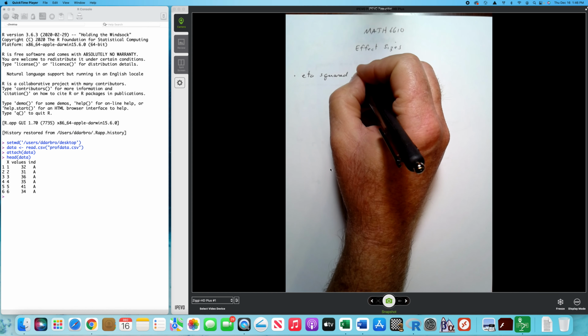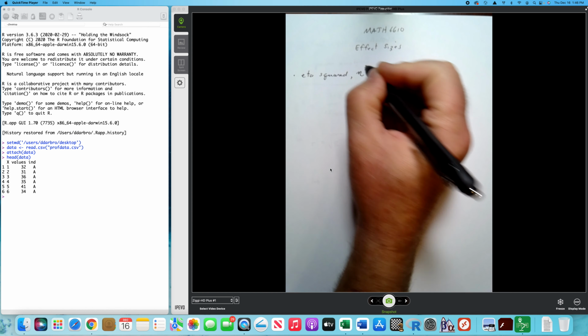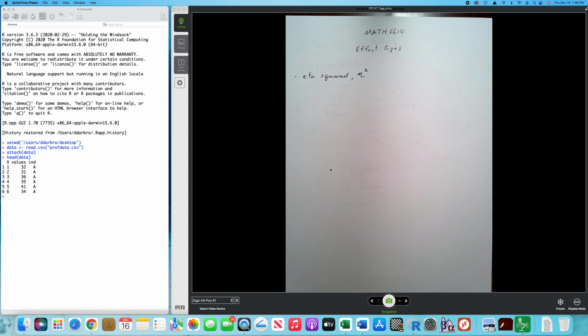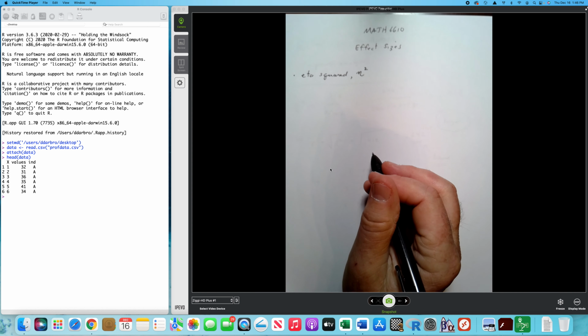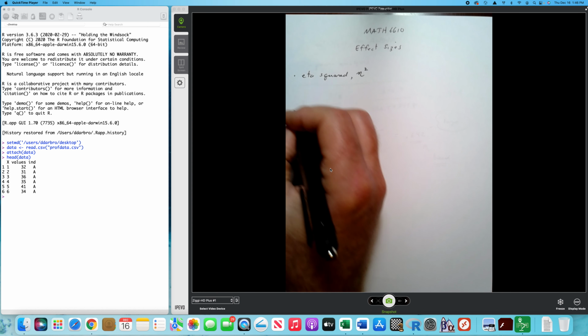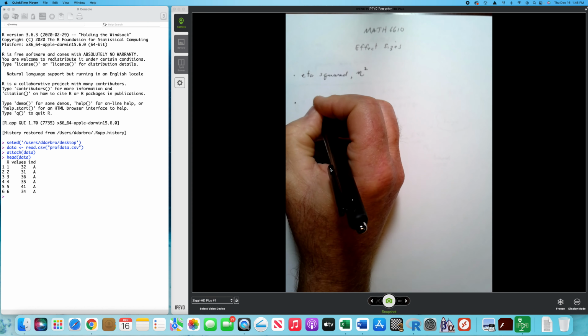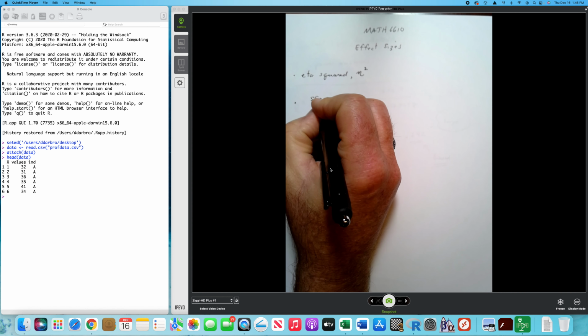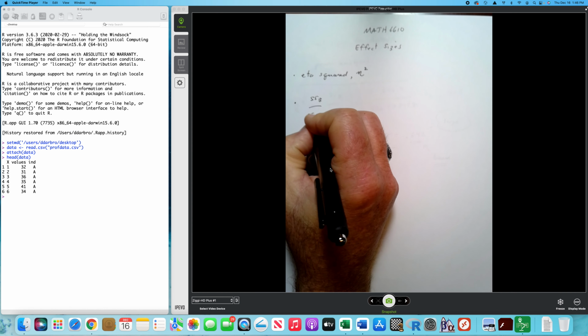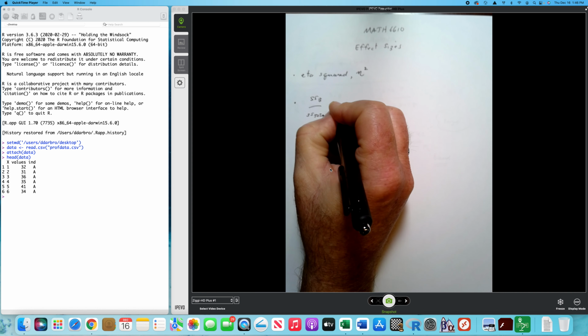Eta squared is just a squiggly looking n, and it turns out that eta squared is really easy to find. Eta squared is just going to be the sum of squares between over the sum of squares total.